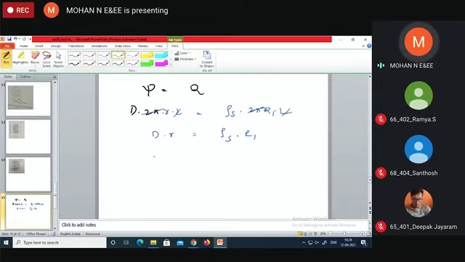So D I can write in terms of epsilon naught into E into r, equal to rho s into r1.